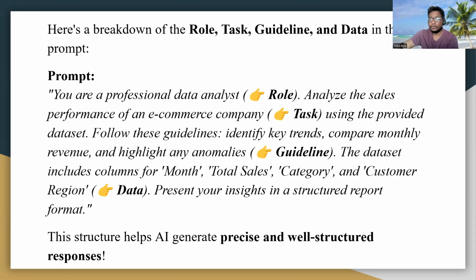I want to perform analysis only on these particular things, in these particular trends. Compare monthly revenue. I don't want yearly revenue. I want only key trends, I don't want overall trends. Compare only monthly revenue, not overall yearly revenue, and highlight any anomalies.